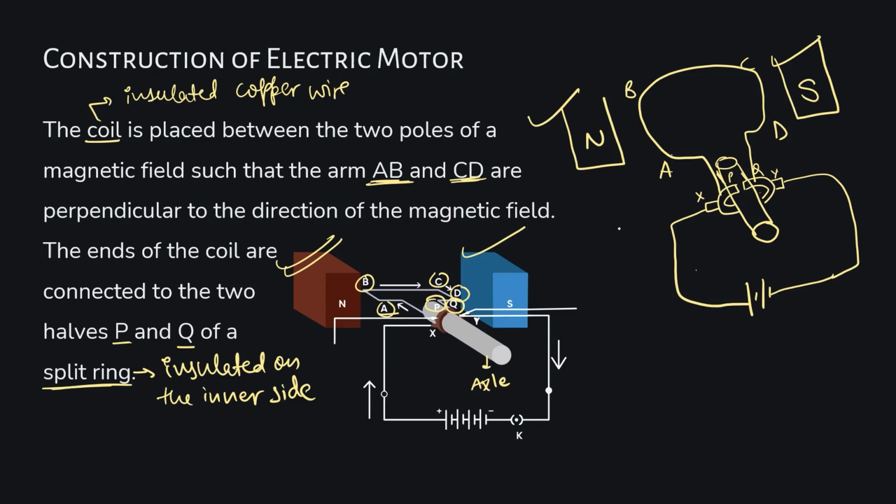Okay, so right now you just need to know that the coil ABCD has its ends connected to the split rings P and Q. These split rings are insulated on the inside so that no current flows between these two.